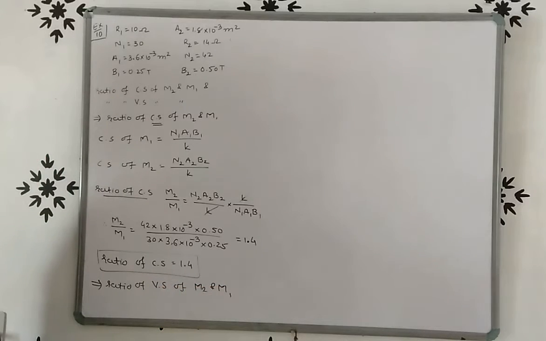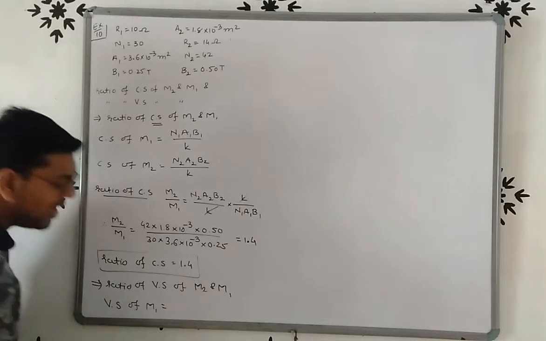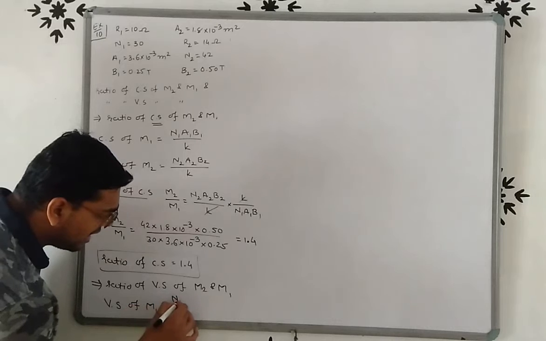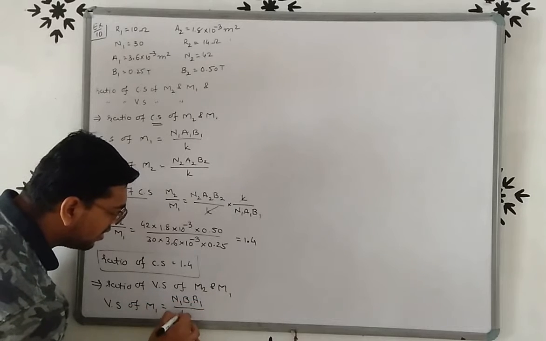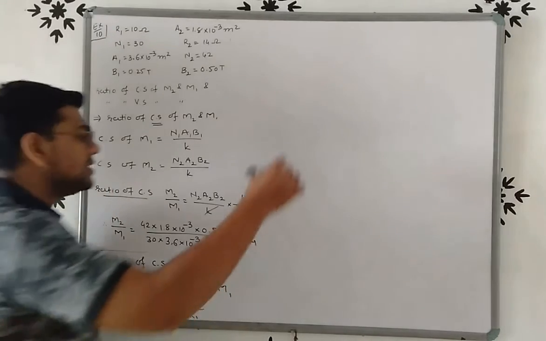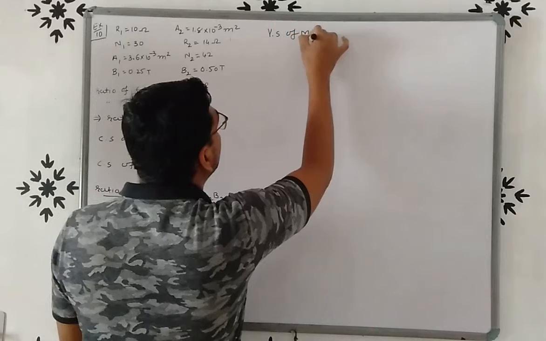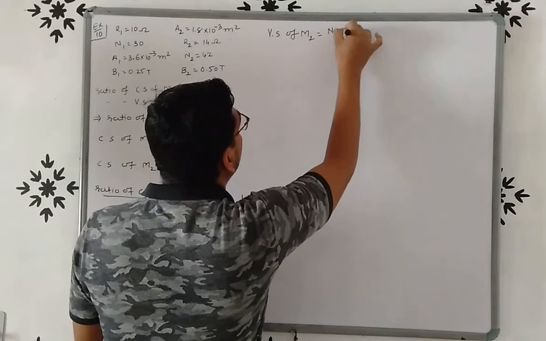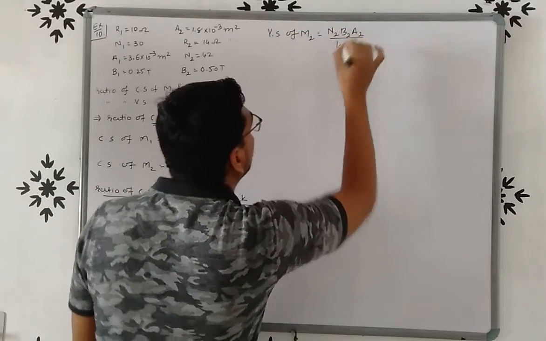What is the voltage sensitivity for M1? We know the formula NAB by KR, so it is N1 B1 A1 upon KR1. And the voltage sensitivity of M2 is N2 B2 A2 by KR2.